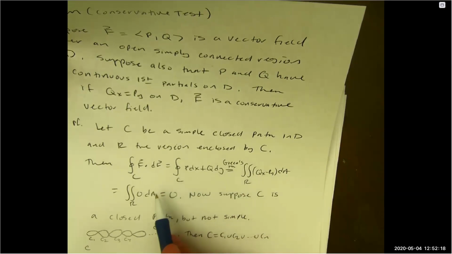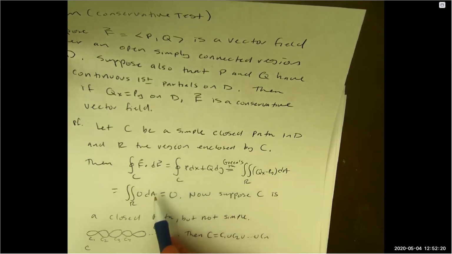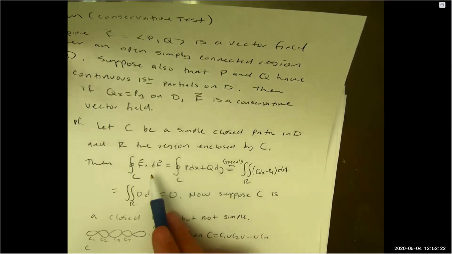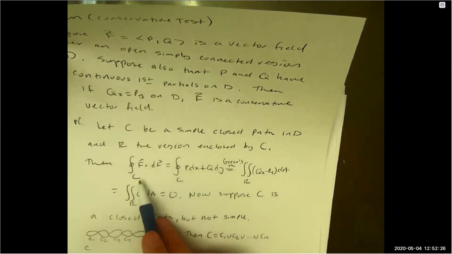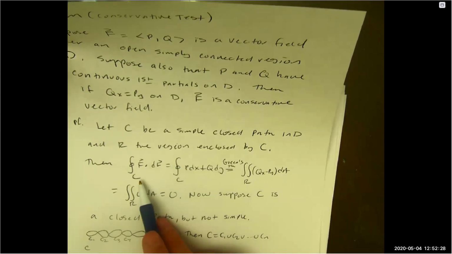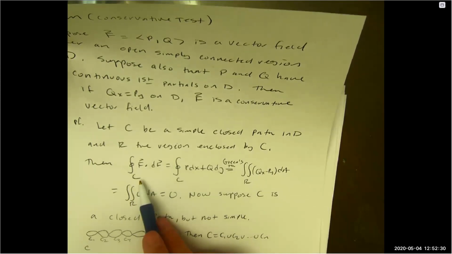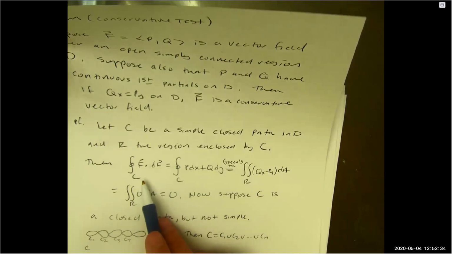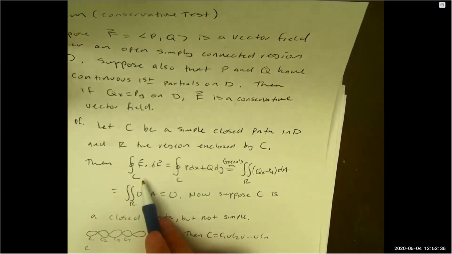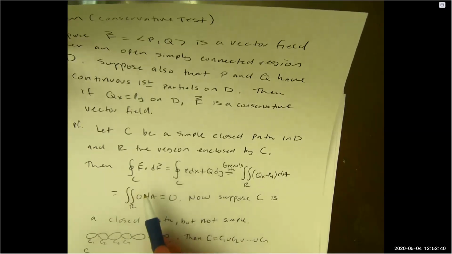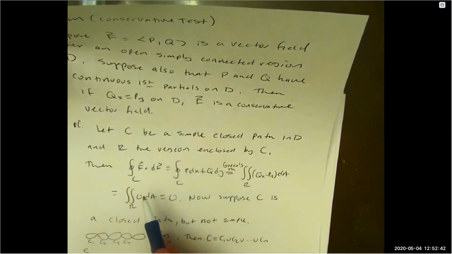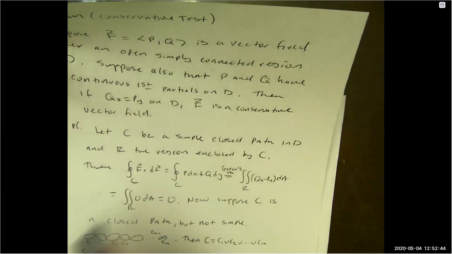And so when the line integral around any closed curve in D is equal to 0, that's equivalent by theorem 3 to independence of path, and then by theorem 4, independence of path under those conditions is equivalent to the vector field being conservative. And that's why the conservative test works.